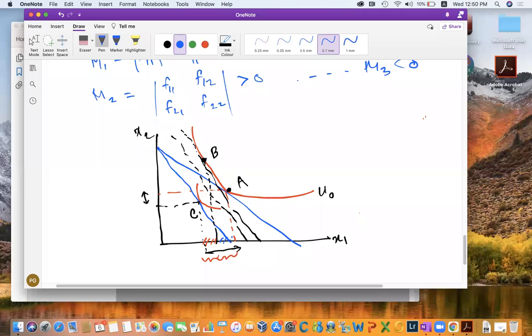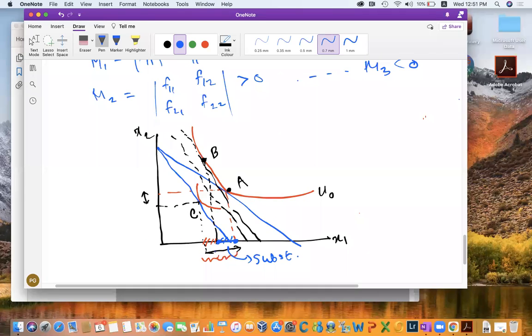So if only the price has changed and the relative prices moved around, but the consumer's real income, if you will, did not fall, right? The consumer still was given extra money to remain at the same utility level, then she would cut down her consumption of X by this amount. So this is what is called the substitution effect. But in reality, no such compensation is given.